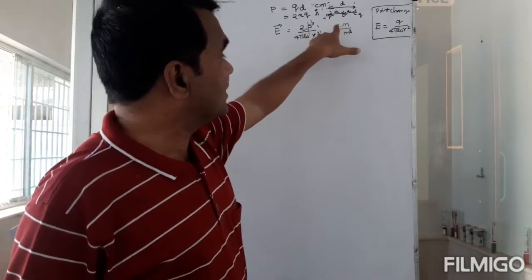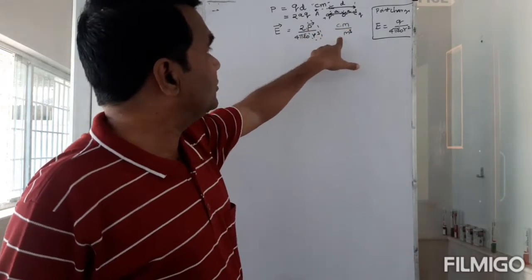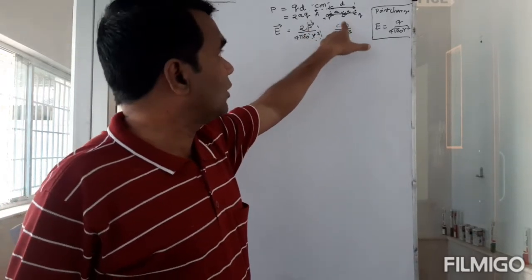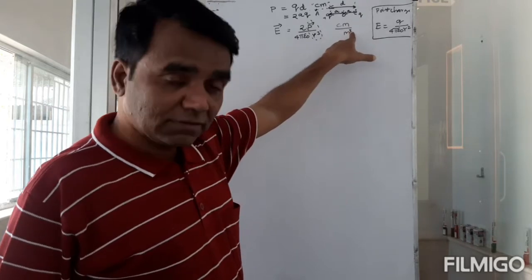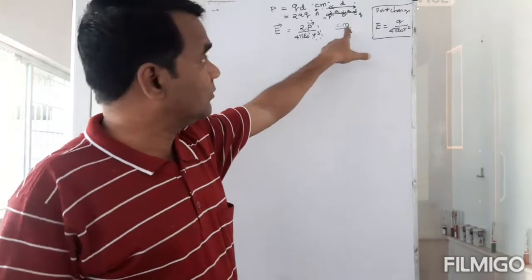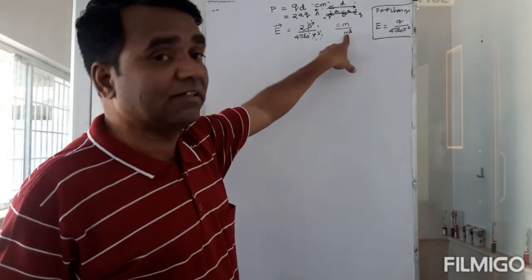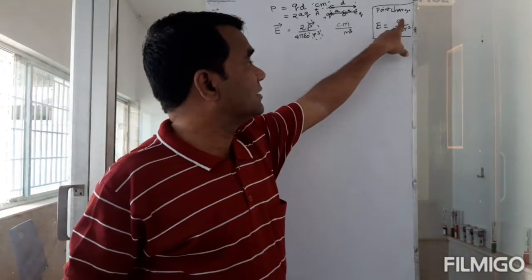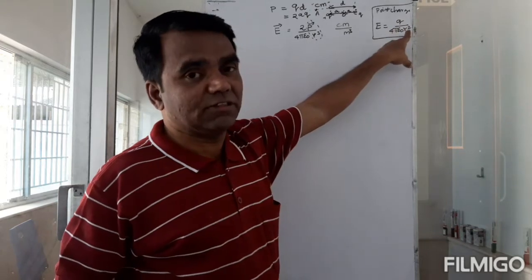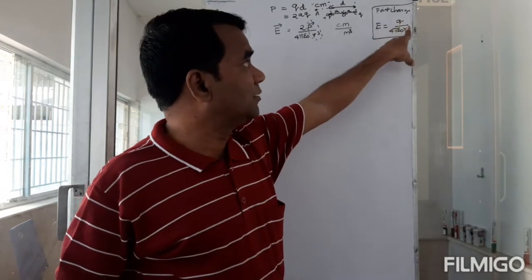But p is Coulomb meter and r cube is meter cube, so one meter will cancel with the meter cube. So you will effectively have Coulomb per meter square here. Same you have here too, Coulomb per meter square.